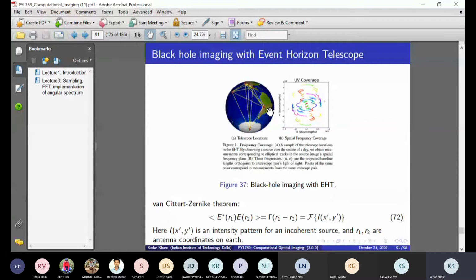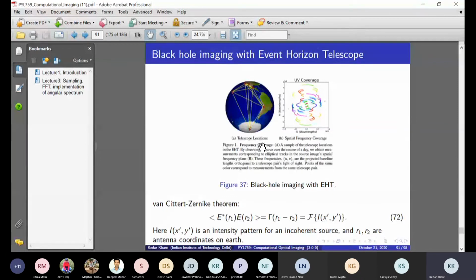Okay, so the Van Cittert-Zernike theorem shows that if you take a correlation of these two signals, what you do is you keep recording the field at antenna R1, and then you keep recording the field at R2. So you are actually recording the field at all these antennas at the same time. And what happens is you do a correlation, which means you do an ensemble average or time average.